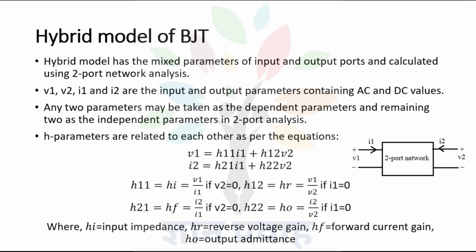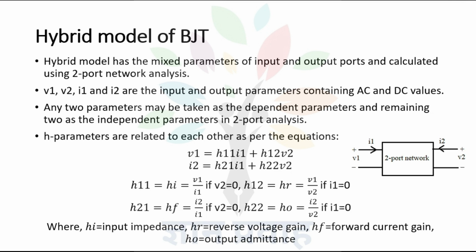Hybrid model of BJT. The hybrid model is also called the H parameter model. It is called hybrid in nature because here we are using a combination of input-output parameters. The hybrid model has the mixed parameters of input and output ports and is calculated using two-port network analysis. Two-port analysis is related to network analysis.